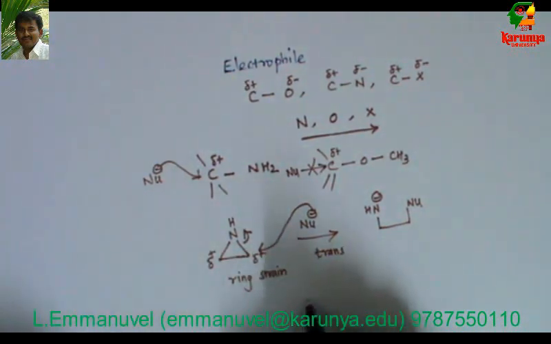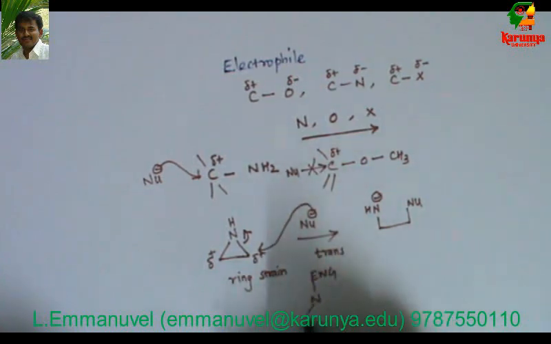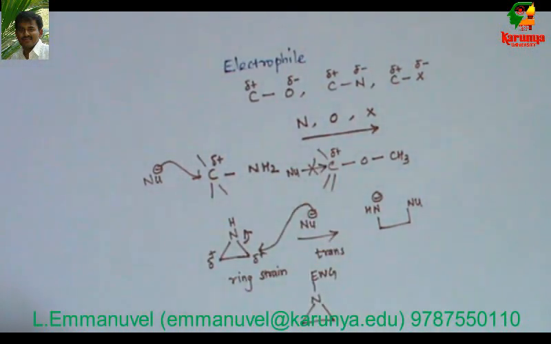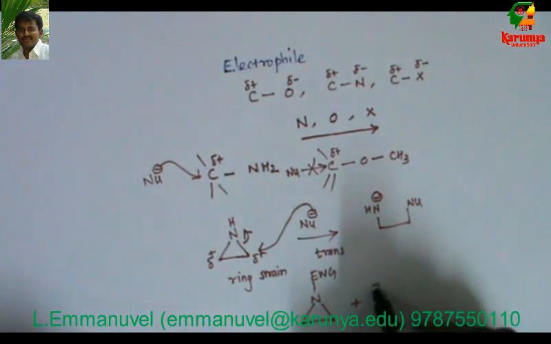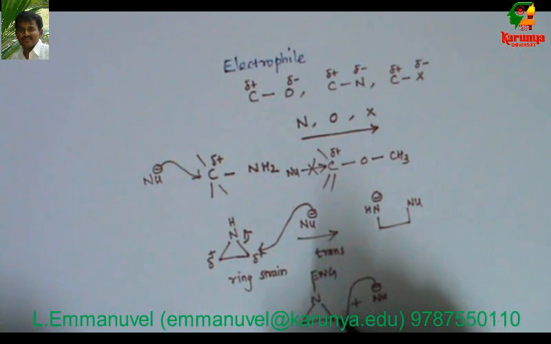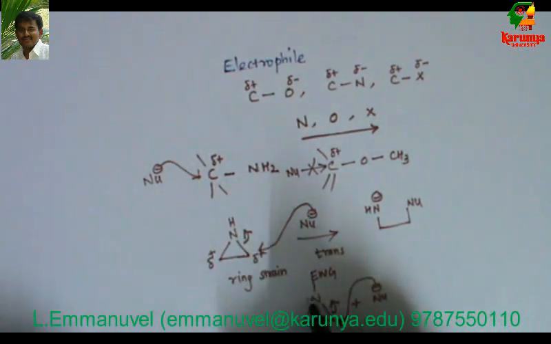Further, if I attach an electron withdrawing group to this nitrogen, then the same reaction will be more facile because the electron withdrawing group pulls the lone pair of electron. As a result, the electron density on nitrogen decreases, so it tries to pull the electron from this.